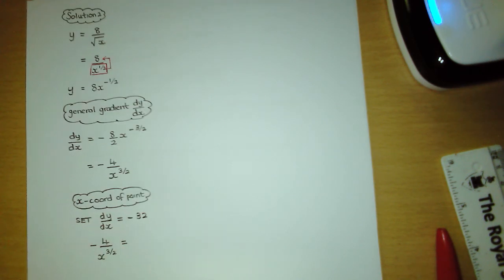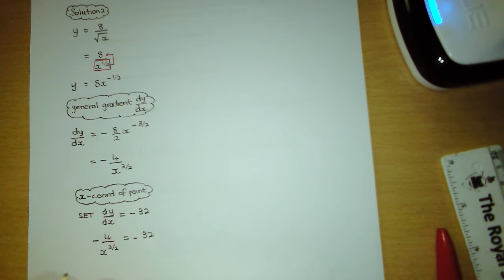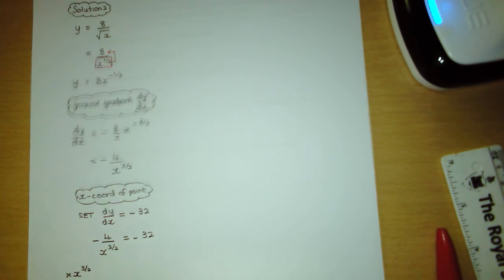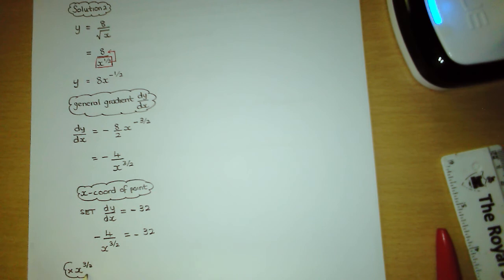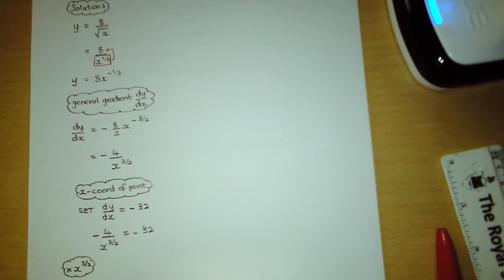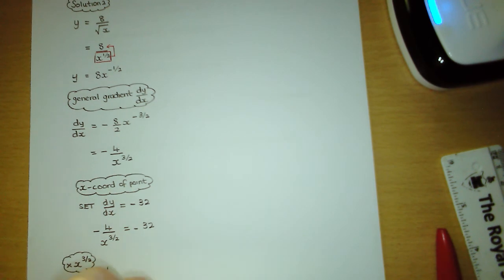And that's equal to minus 32. Okay, now plan. We could cross multiply, or I'm just going to multiply through by x to the power 3 over 2 in order to get rid of the denominator here. So multiply through by x to the power 3 over 2.